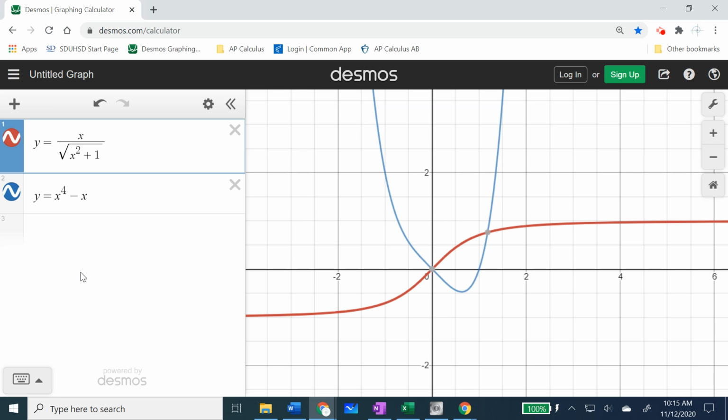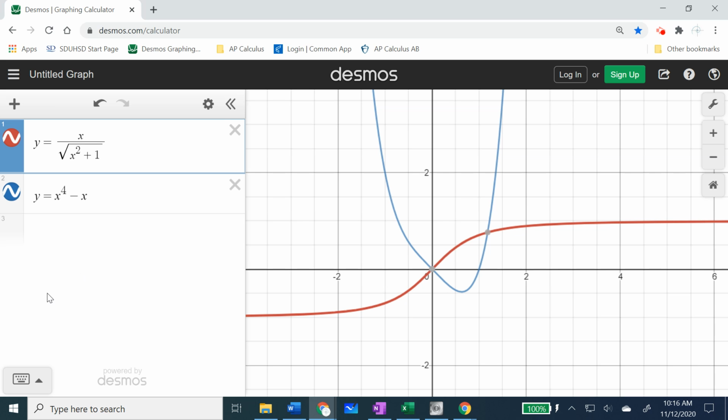With your arrows, move your cursor near the point you're trying to find the intersection. You don't have to be insanely close. Just get kind of in the vicinity and push enter. And here we go. It tells you the X and the Y coordinate of that point. You only need the X coordinate.